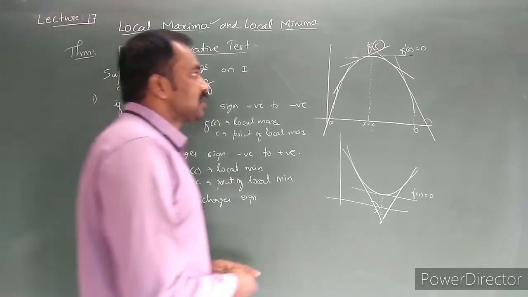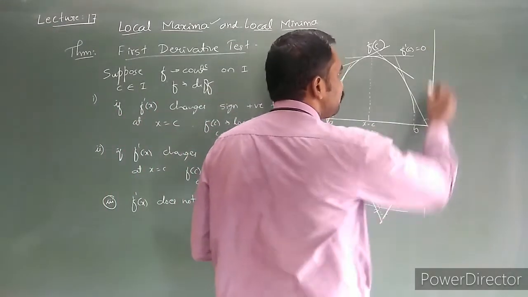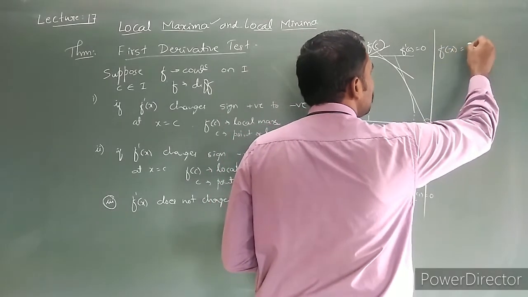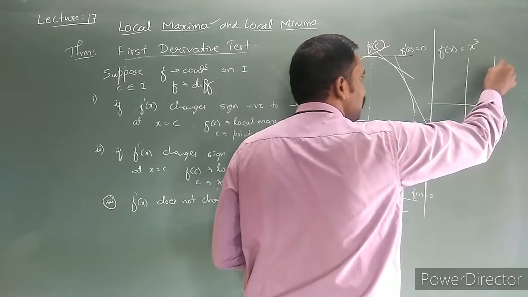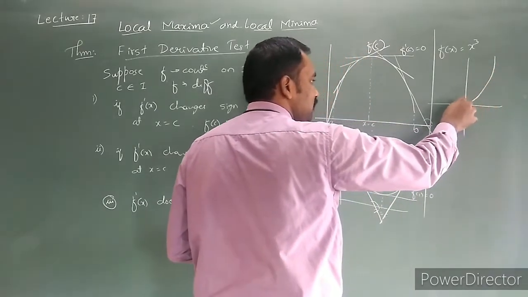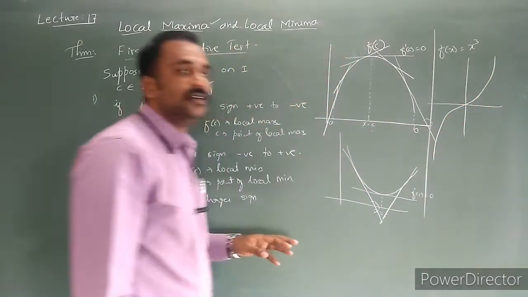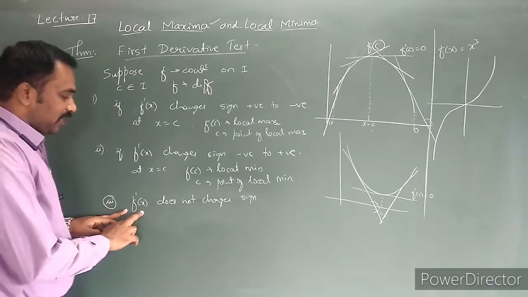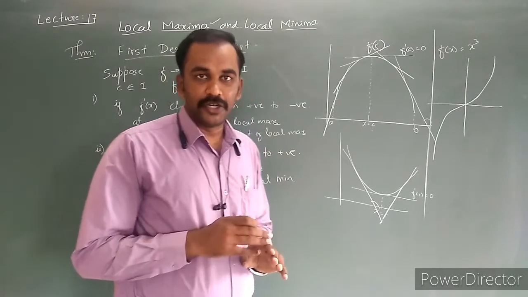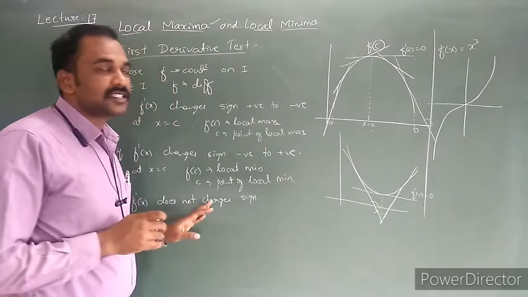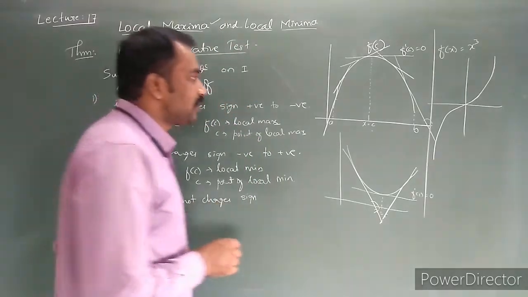For example, suppose f of x is equal to x cube. This is the graph of the function f of x equal to x cube. If f dash of x does not change the sign throughout its domain, then it is said to be a point of inflection.